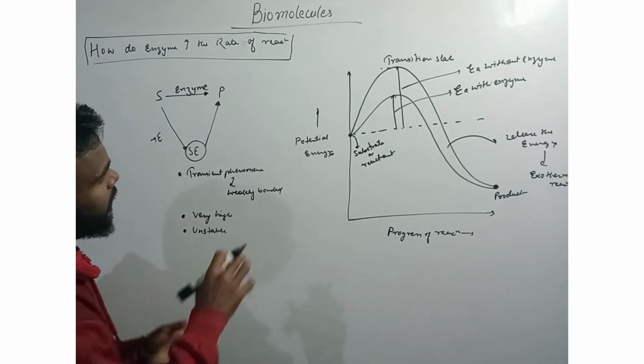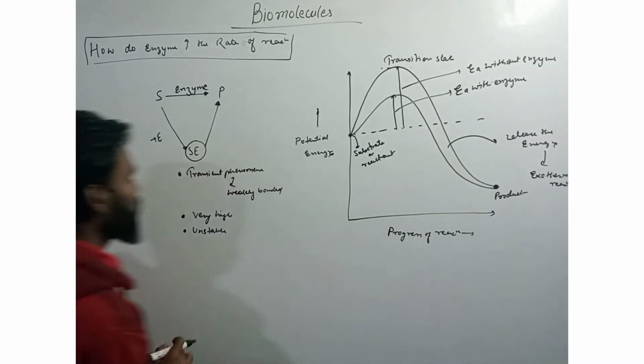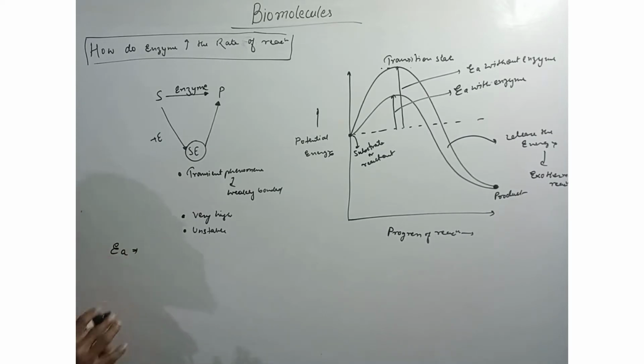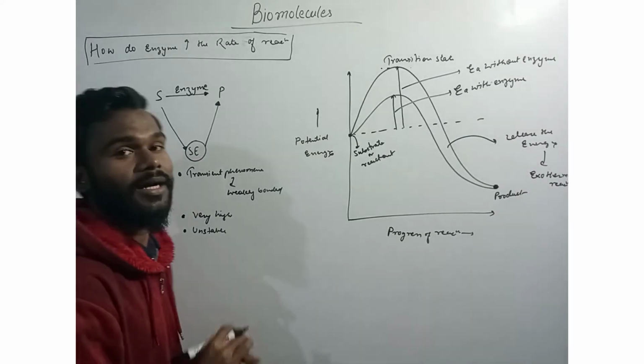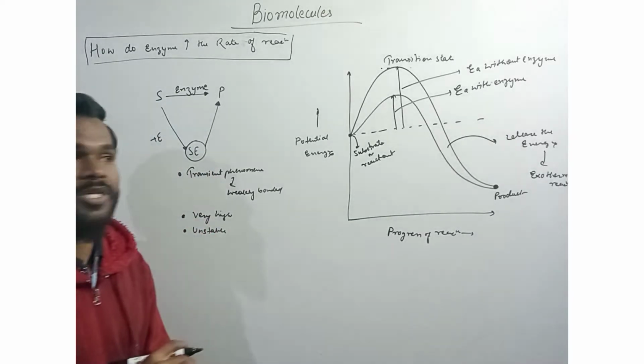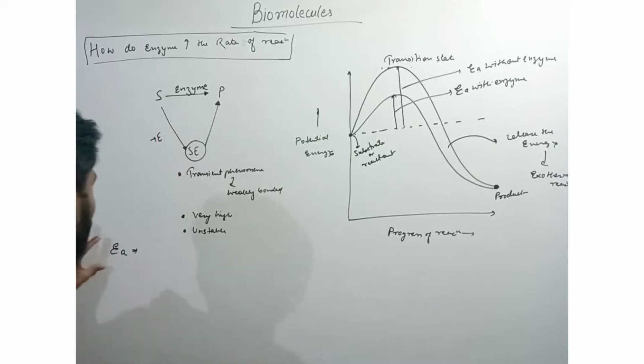Now let us see what we mean by activation energy. It is the minimum energy of the substrate which is required to cross the energy barrier and proceed to the formation of product. That is called activation energy.